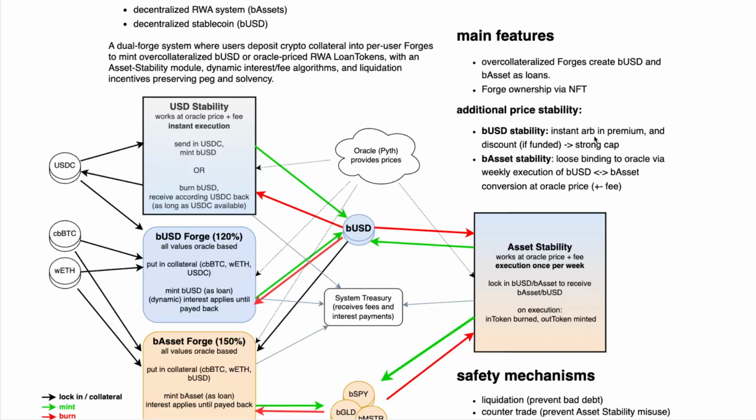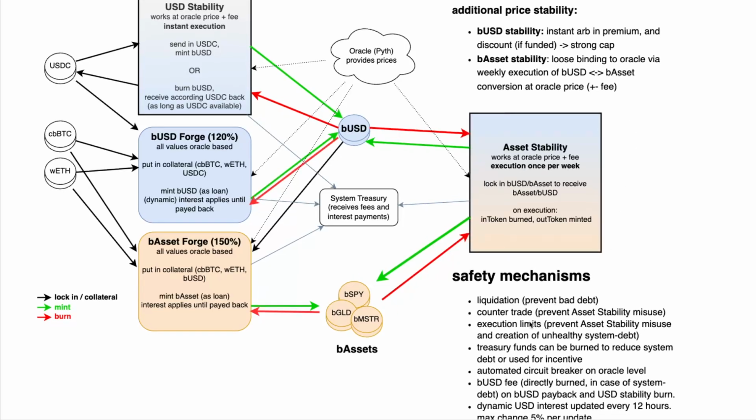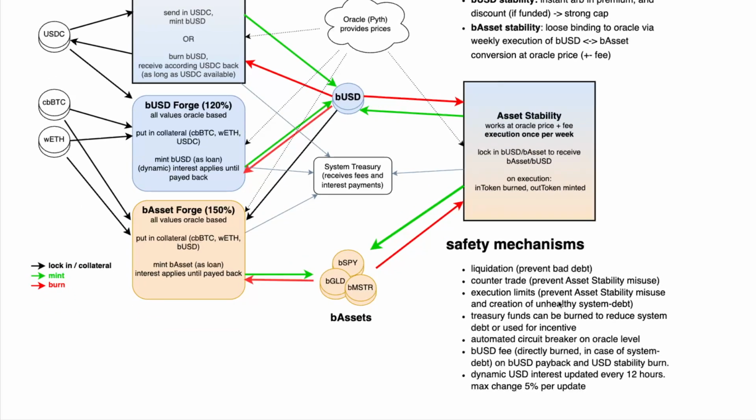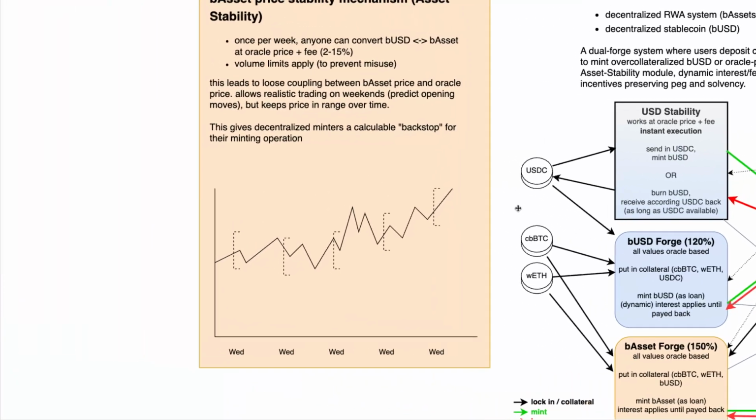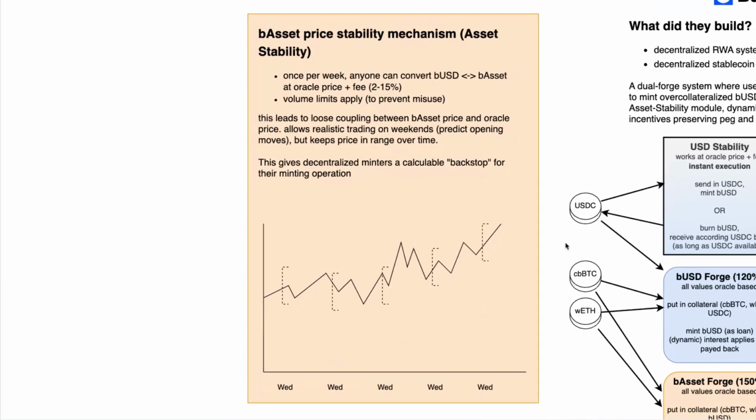Then they have the additional stability, and they have quite some safety mechanisms to keep prices in range and also keep the system healthy. If you want to know more about that, watch the other video. Then let's look a bit into the asset stability, because I think that's important for end users to understand how based assets will stay close to the price.